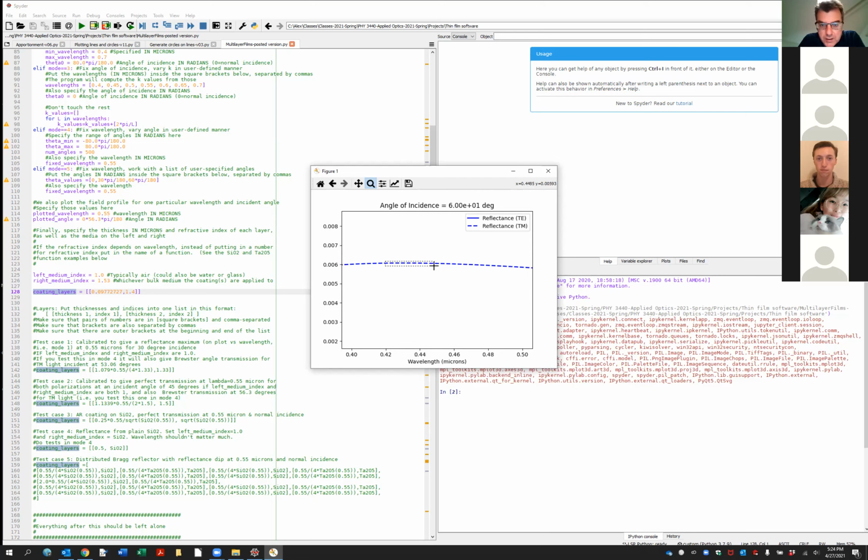It looks basically flat, maybe even peaked. And yes, it is peaked there. We'll get into what's going on with the other polarization later. But for now, are there any questions about the polarization for which our results made sense?